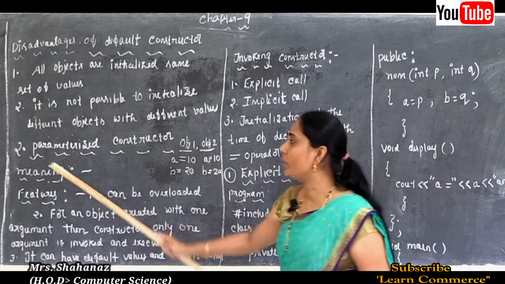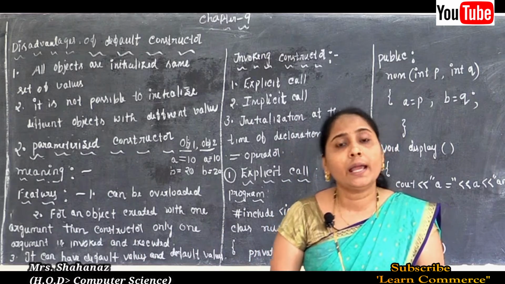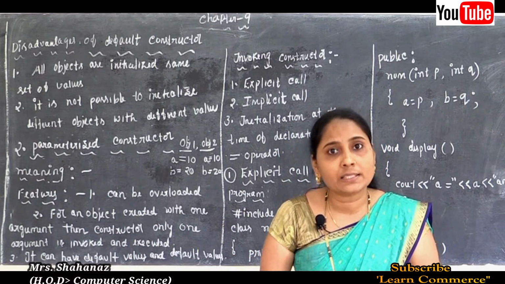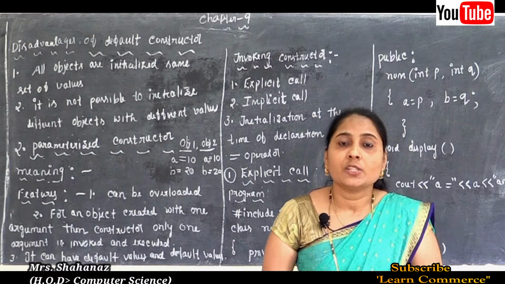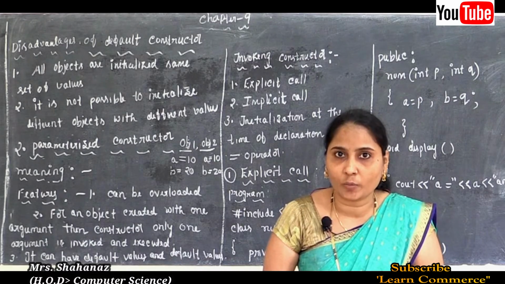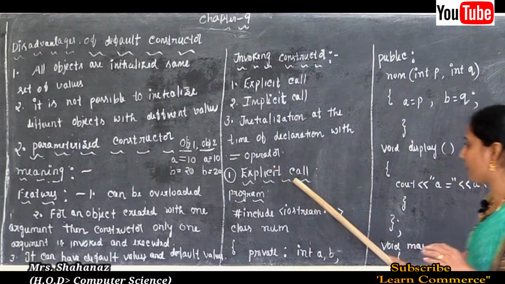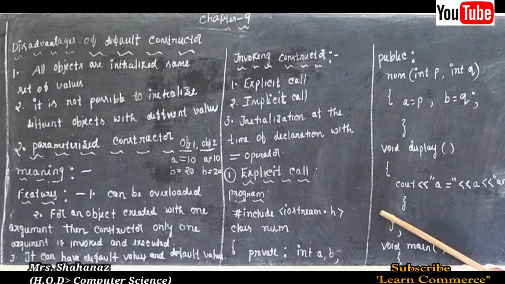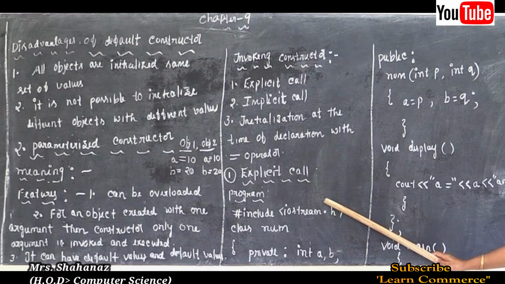The parameterized constructor is a constructor that takes one or more arguments. In this example I have written a simple parameterized constructor.